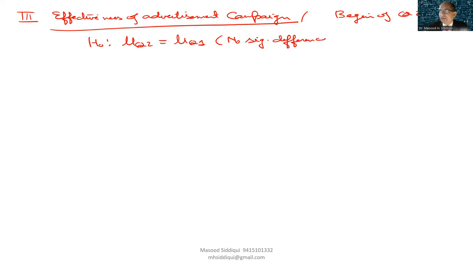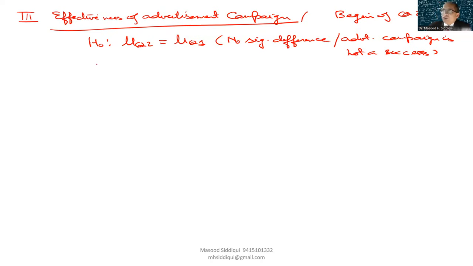Since there is no significant difference, it means that the advertisement campaign is not a success, provided all other things remain the same. It may be possible that the advertisement campaign is a success, but because of some other factors, the increase has been balanced.